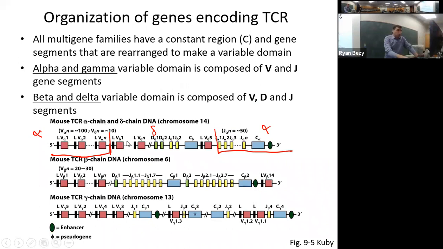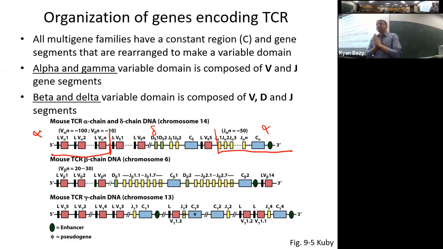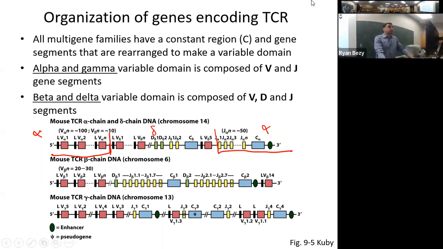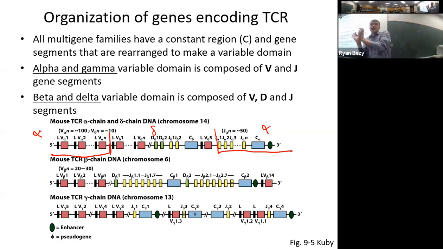And it's the same rules. Say you're doing gamma. Remember, gamma has V and J segments. So you join together by DNA rearrangement V and J segments. Alpha, you join V and J segments. For beta and delta, if you use those, you do DJ joining first, and then V to DJ joining.